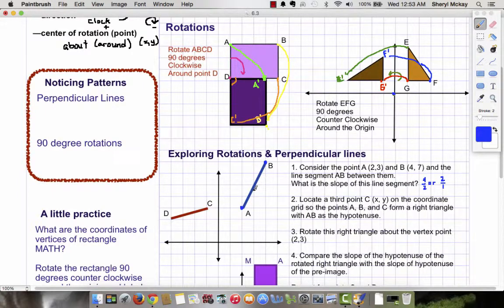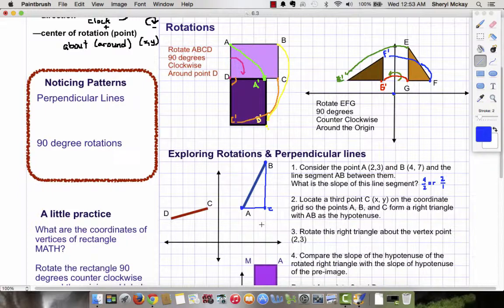Okay, so I think that I'm going to go ahead and just put a point right here and call this one C. Okay, because now when I connect A to C, whoops, and B to C, then I get a right triangle.